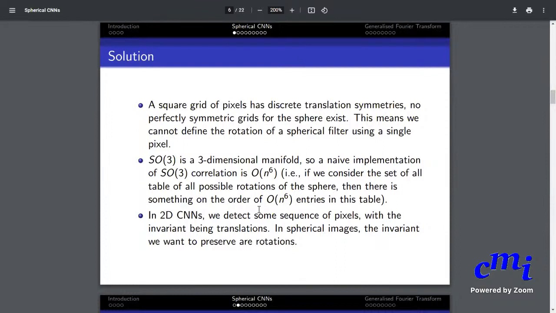That is, if you consider the table of all possible rotations of the sphere, then the number of entries in the table would be very large. Again, in 2D CNNs, we detect some sequence of pixels with the invariance being translations. But in spherical images, the invariance we want to preserve is rotations.